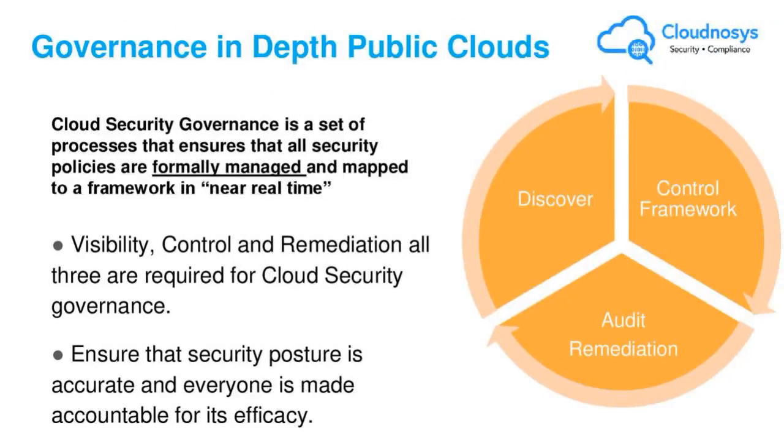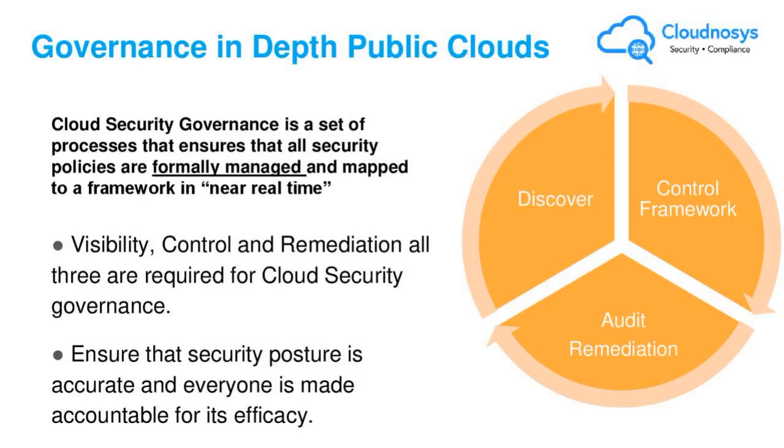Okay, so let's talk about governance in depth in public cloud. What are some of the key focus areas that we need to pay attention to, right? So, governance is really nothing more than a formally managed process around policies, and ideally it's mapped to a framework of your choice. Now, the word is in near real time. This is not a one-time activity that you do once a year and call it a day, or every 6 months, or review every 3 months.